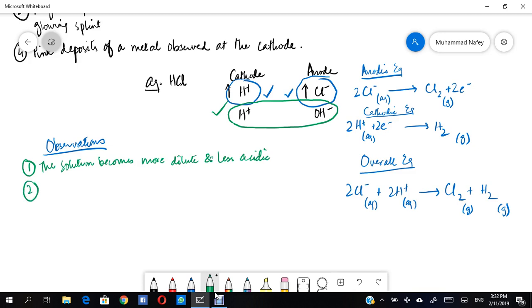The second observation, we can see that the gas is being produced at the anode as well as the cathode. So gases produced at the cathode and anode, and what's special is the volume of the gases. Both are being produced in equal volumes.